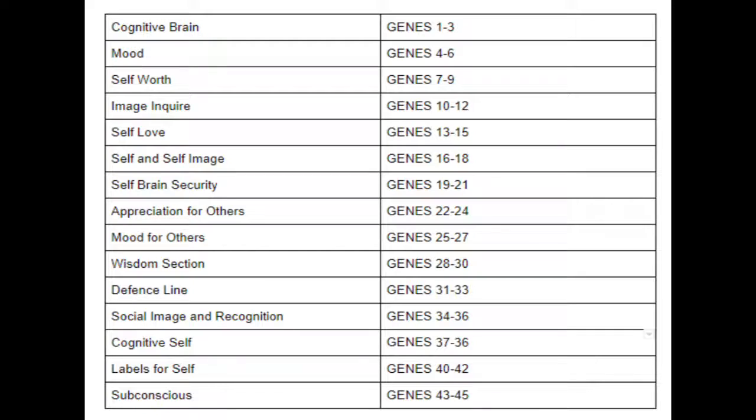Number 1 being cognitive brain, then mood, then self-worth, then image inquiry, self-love, self and self-image, self-brain security, appreciation for others, mood for others, wisdom section, defense line, social image and recognition, cognitive self, labels for self, and subconscious. Each category holds 3 genes for each category.